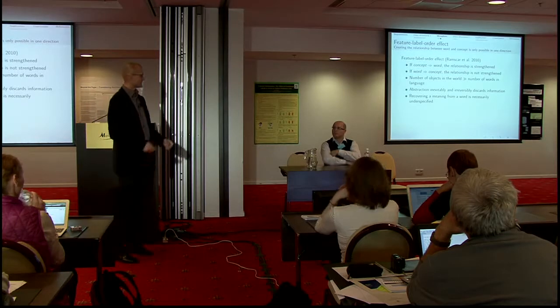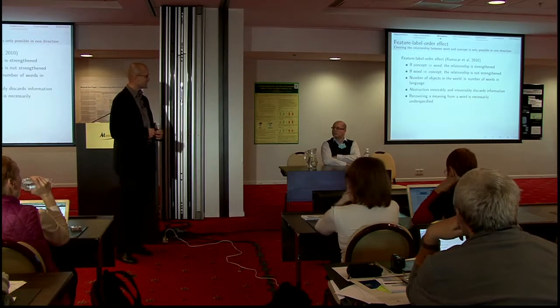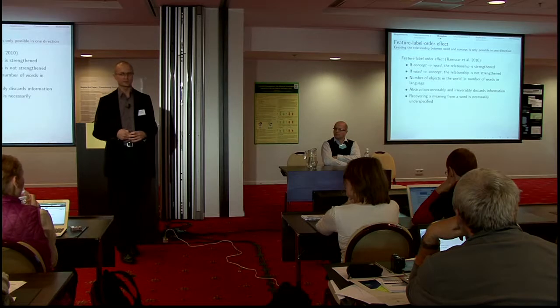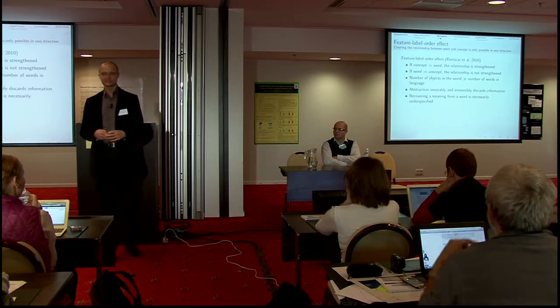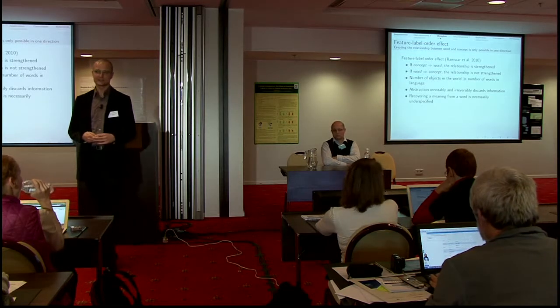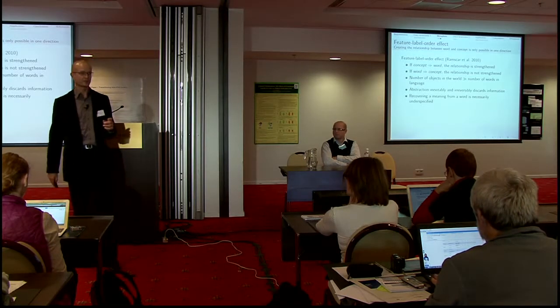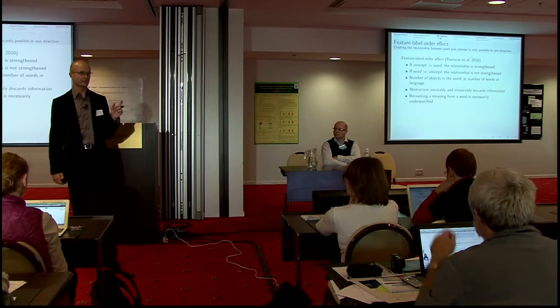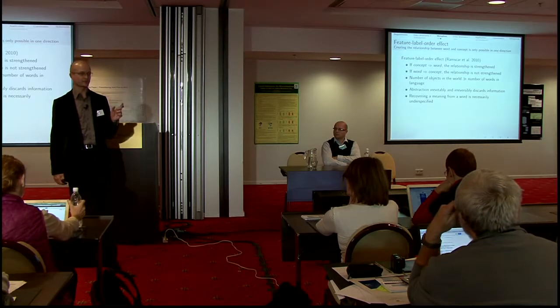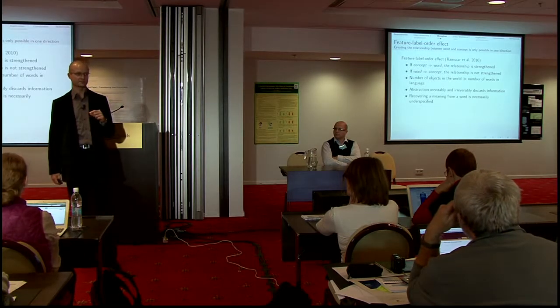And this failure of children to learn meanings of words is explained basically on the premise that it is not possible to do the abstraction process from the smaller set to the bigger set.